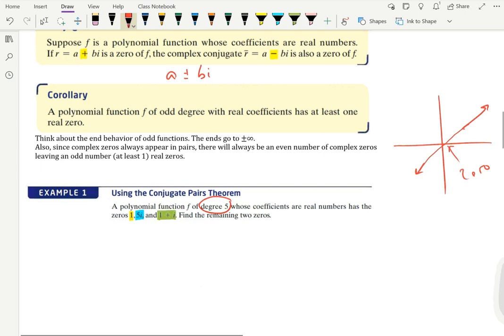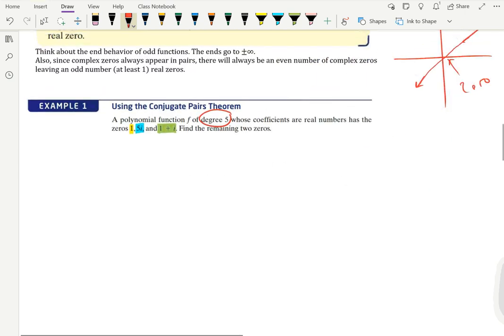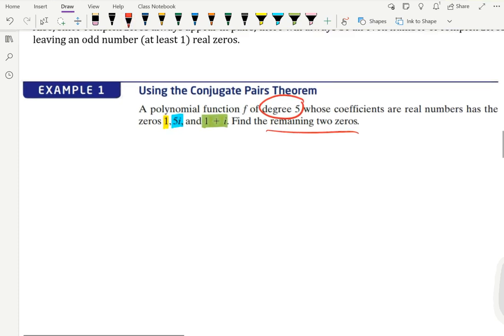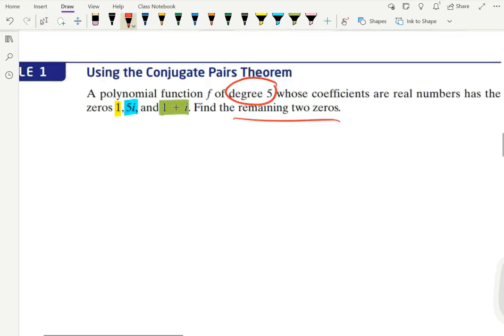So if we're taking a look at degree 5 down here, that means we should be able to list 5 linear factors. We've got 3. So our question comes in, where are the other 2? The other 2 come in with the conjugate pairs theorem. The conjugate pairs theorem is that whatever complex number I have, I also have its conjugate.